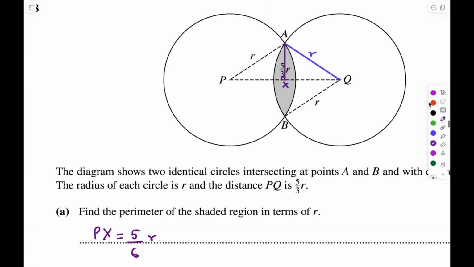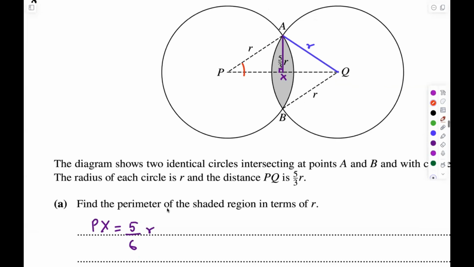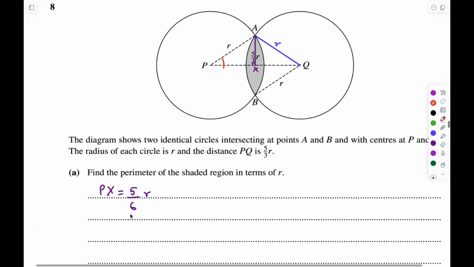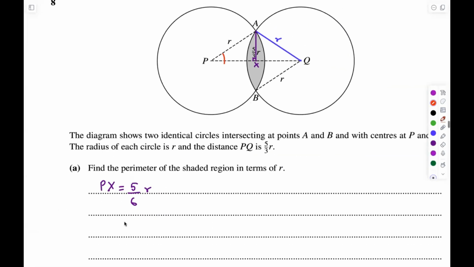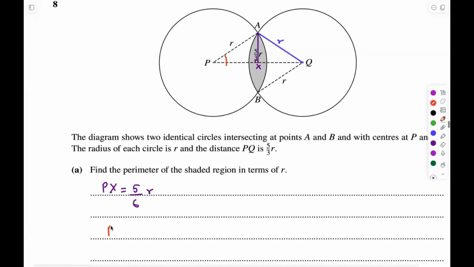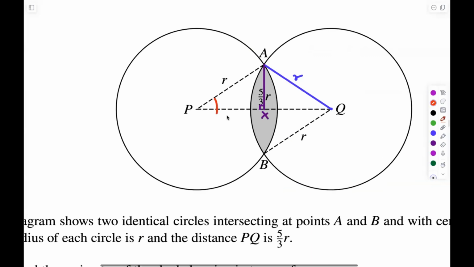Now, to find the angle APQ, we can use opposite over hypotenuse, sine theta. For angle APQ, this length PX is 5/6 R. As it is adjacent to this angle, let's call this angle theta.